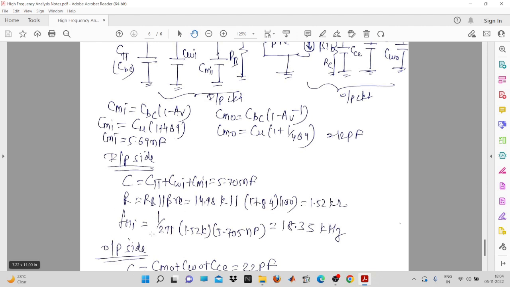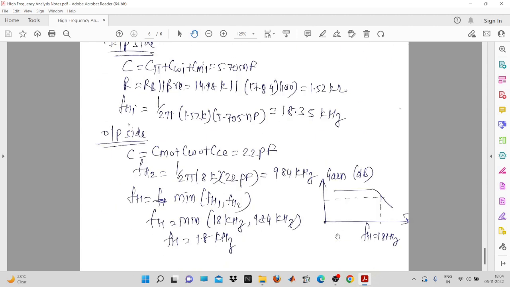Now, FHI will be equal to 1 upon 2 pi into R into C. You have calculated the effective input capacitance, and the effective input resistance also. So you can simply put down all the values and you will get the input side cutoff frequency as 18.35 kilohertz.